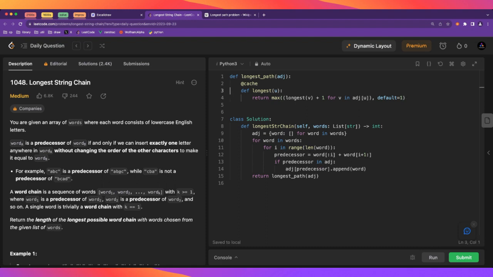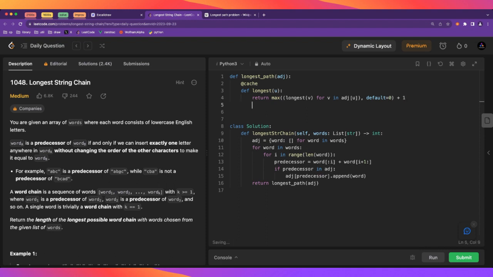So a different way to do this would be to add the 1 here, because we always want to count u. But now we need to start from any potential node, right? The path could start from anywhere. So let's do also an iteration, let's find the longest starting from every node.